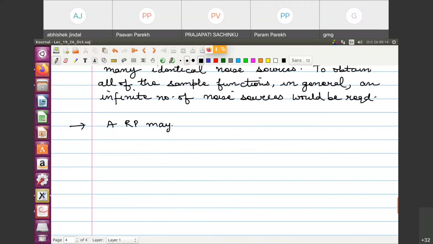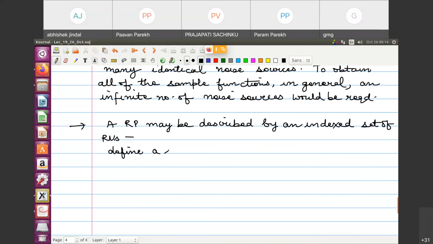A random process may be described by an indexed set of random variables.